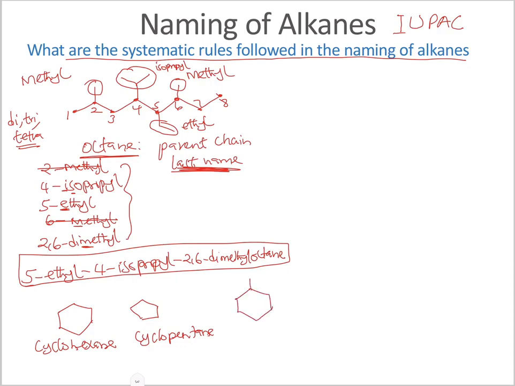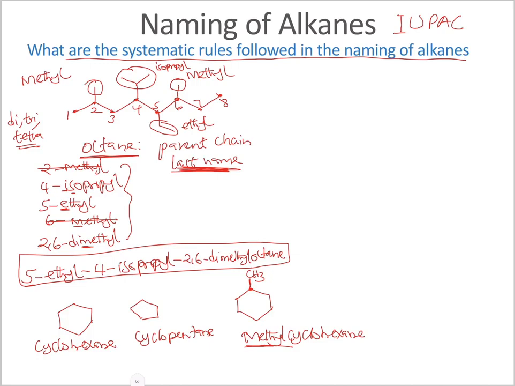For example, in this case, a methyl group. Then we are going to call that methyl cyclohexane. Now here recognize that we do not have to put 1 because when there's a substituent in a ring, obviously we assume it is from position 1, so we do not have to say 1-methyl cyclohexane.